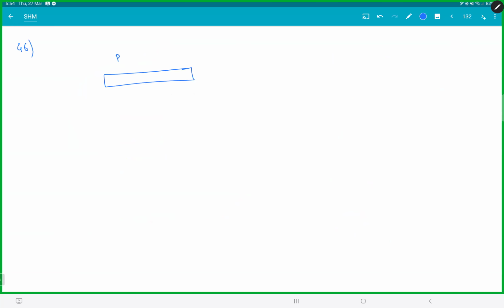We have a plank here, mass M, resting on a cylinder on a floor. There is no slipping at any surface.